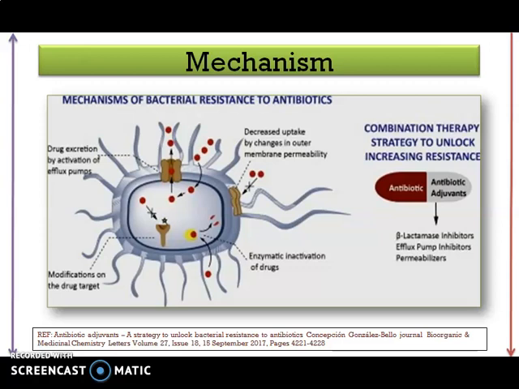In this case, how can we overcome this? We prefer antibiotics with some antibiotic adjuvants or additions, which overcome the problem or difficulty. For example, a fixed dose combination of amoxicillin and clavulanic acid, or a beta-lactam with beta-lactamase inhibitor, efflux pump inhibitors or permeabilizers.